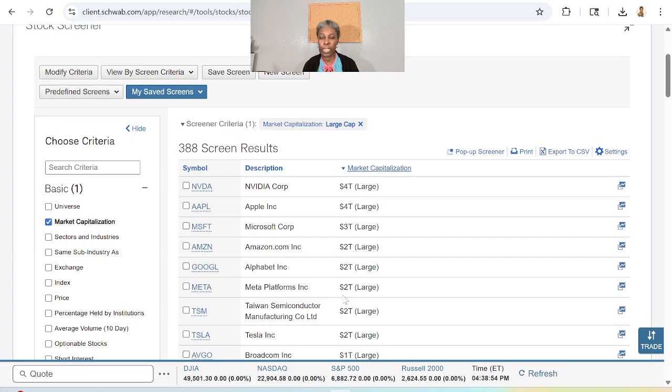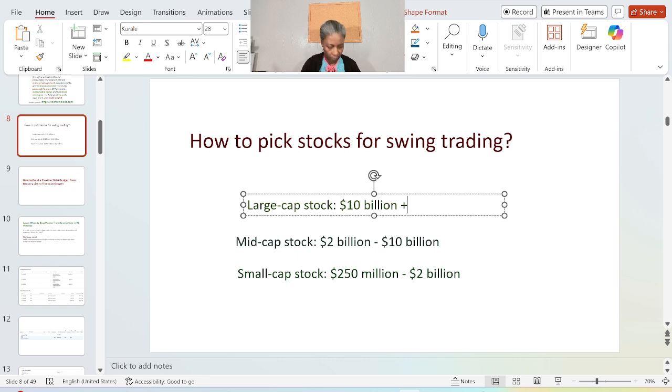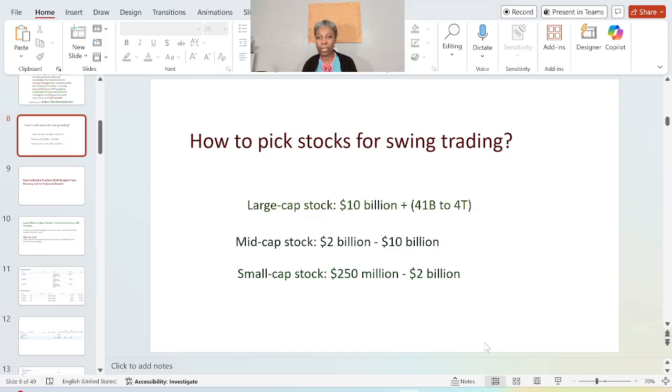So it's 41 billion and more, but based on my research, large cap is 10 billion and more.